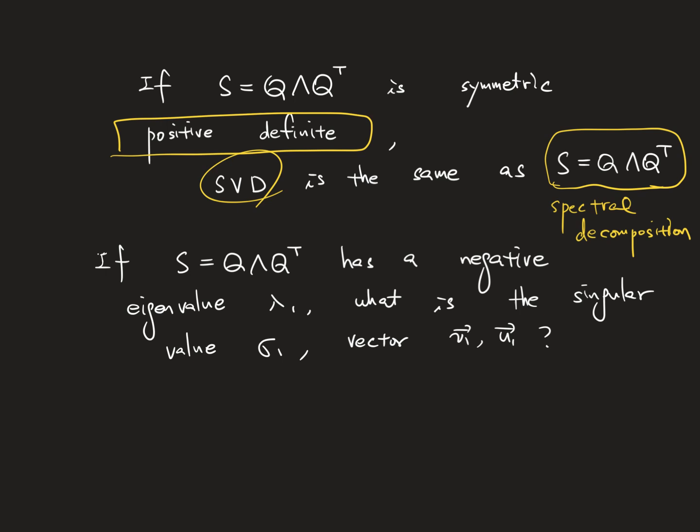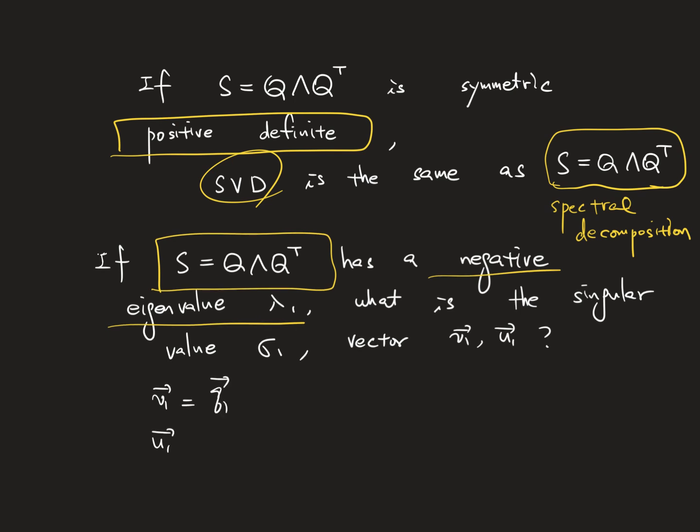If a symmetric matrix is not positive semi-definite, in that case we can have a negative eigenvalue. And in that case, what we need to do is use the singular vectors: V1 could be just Q1, and U1 could also be Q1. The only difference is that sigma 1 should be minus lambda 1, and then we can make it positive.